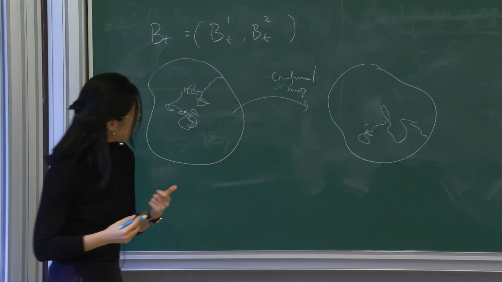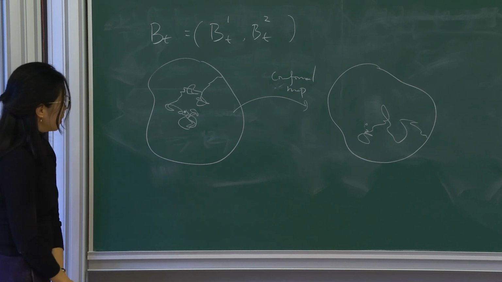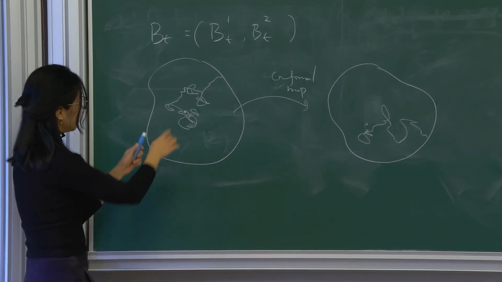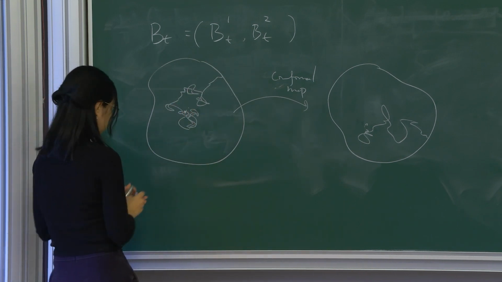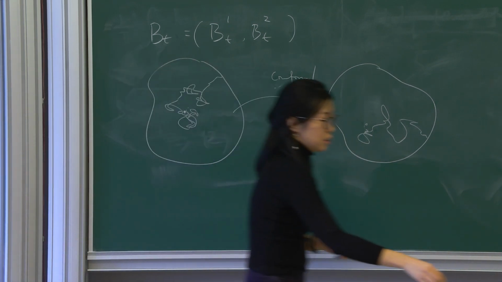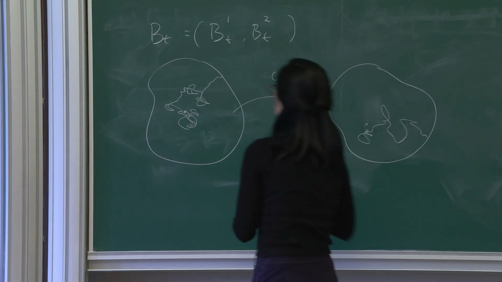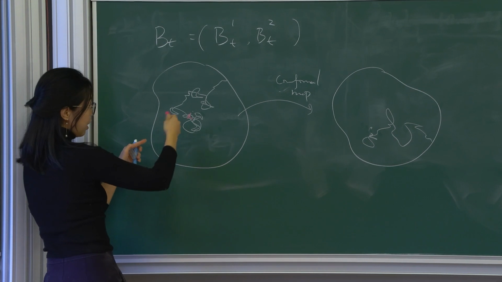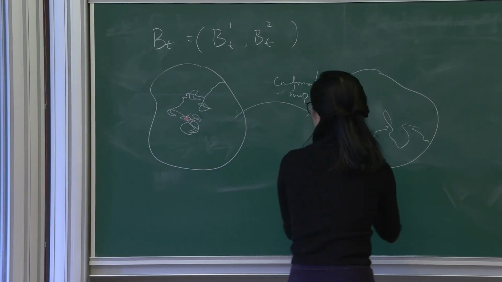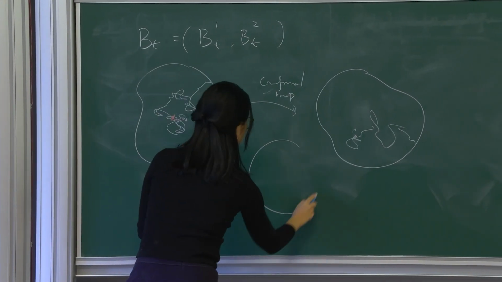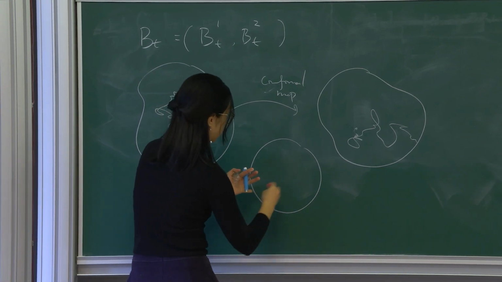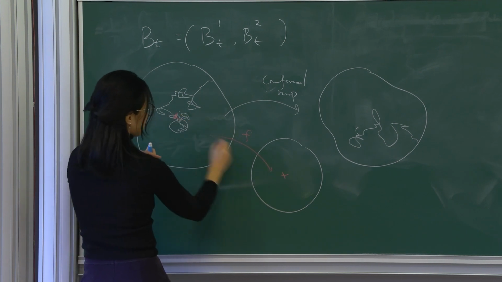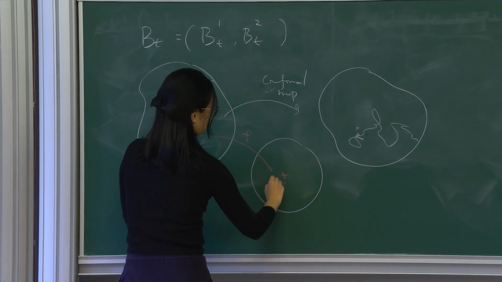And because of this property, it would, for instance, tell us the harmonic measure. If I want to look at the harmonic measure viewed from this point on the boundary, the harmonic measure is defined as follows: I look at the map F, which sends this point to 0 and the domain to the disk.